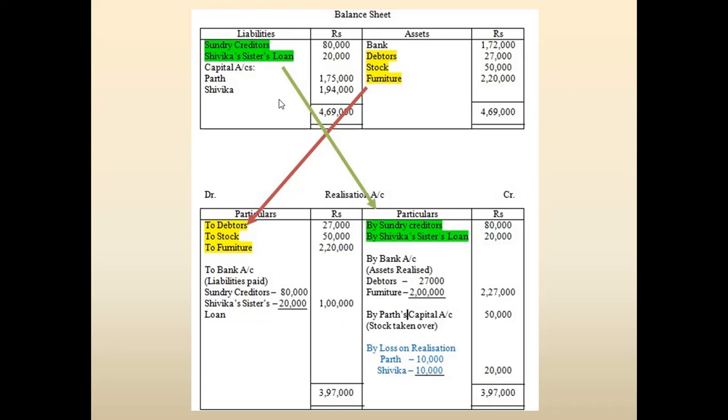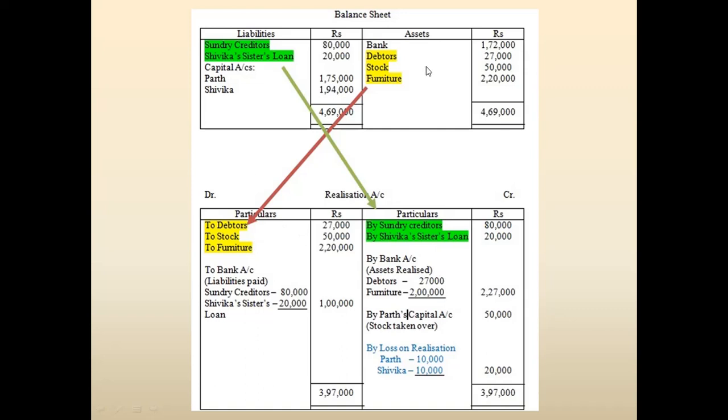From the asset column, items like cash and cash equivalents, like bank or cash or marketable securities, do not come up here in the debit side of your realization account.